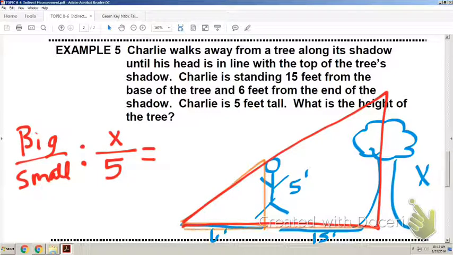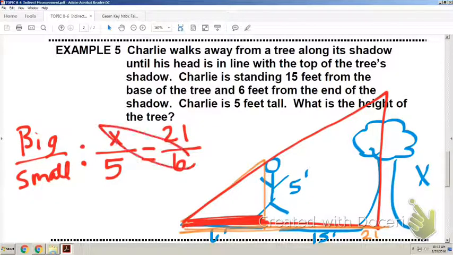So this whole length down here, 6 plus 15, and that total length is 21. So I need to put 21 on top, and its corresponding side is just this piece right here, the shadow past Charlie, which is 6. So now I can cross multiply and divide, and I'll be able to find the height of the tree.